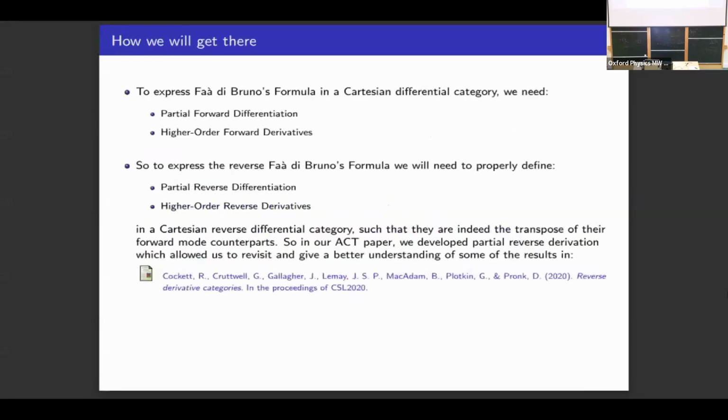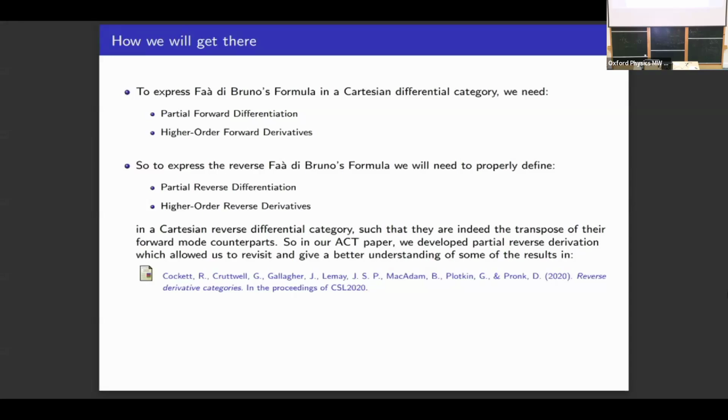So here's how we're going to get there. To express the Faà di Bruno formula in a Cartesian differential category, I need to tell you about two things first: partial differentiation and higher order differentiation. If I want to give you the reverse mode differentiation of that, I have to tell you about partial reverse differentiation and higher order reverse differentials, which have not previously been discussed in at least our papers.